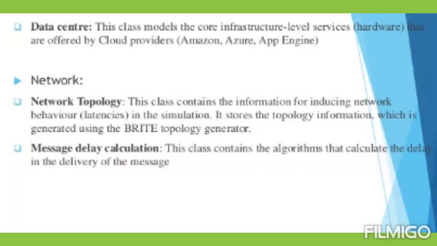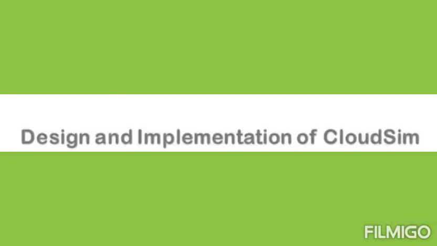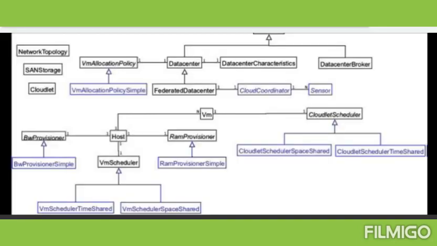So it contains the application ID, the name of the user base, that is the originator to which the responses have to be routed back, as well as the size of the request execution command, and input and output files. It is based on a set of user requests.